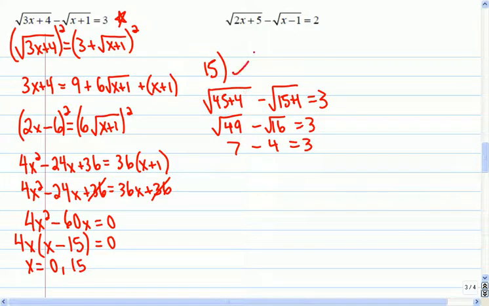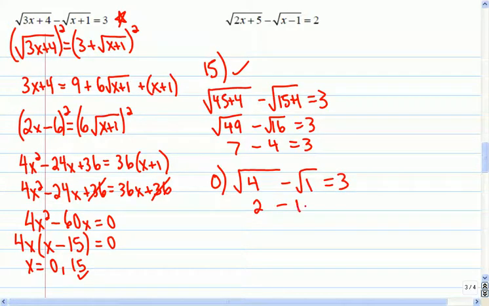So yes, 15 will work. Well, let's also try it for 0. Square root of 4 minus square root of 1. And that's 2 minus 1. Nope, doesn't work. So 0 is rejected. We get an answer on this of x equals 15.